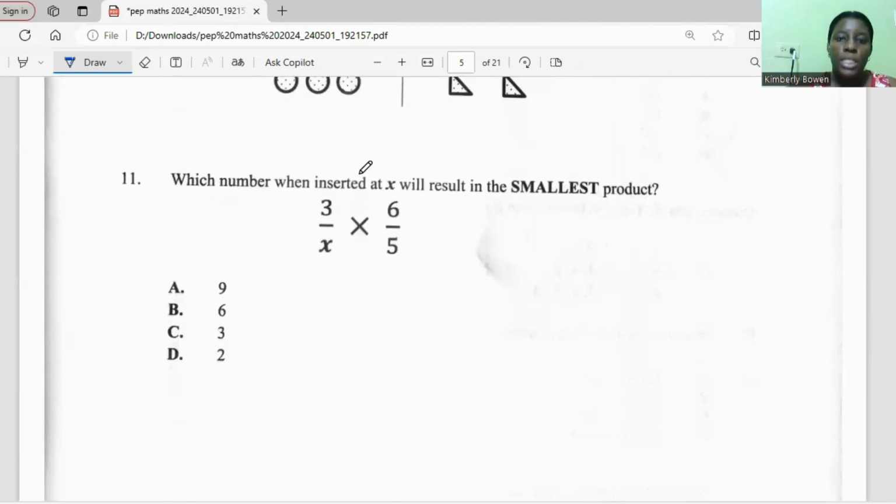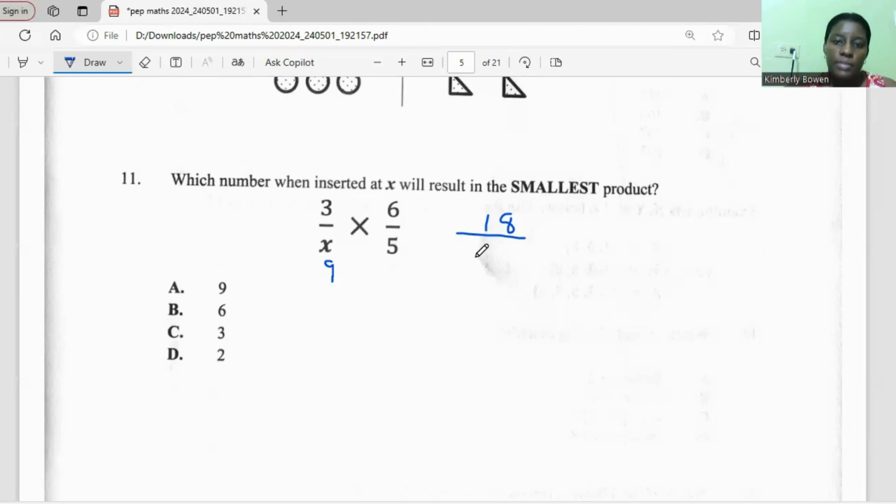Which number, when inserted at x, will result in the smallest product? All we have to do is basically plug them in, right? We can plug in 9, and we can say 3 times 6, sorry, 18.